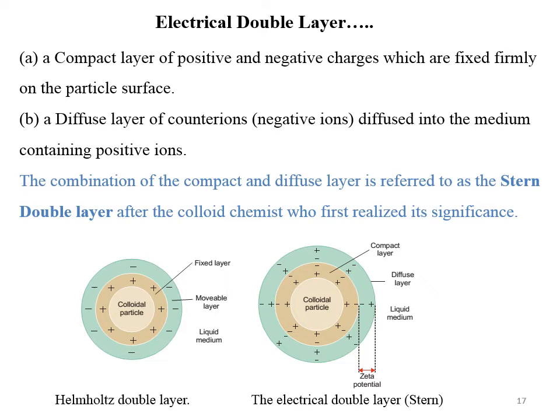While in case of Helmholtz, within the same electrical double layer, one of the layers which is in immediate contact with the surface of the solid colloidal particles is static, while the second layer, which is negatively charged layer in this case, is mobile. It means the negative ions are not fixed. However, this concept is changed in Stern layer.